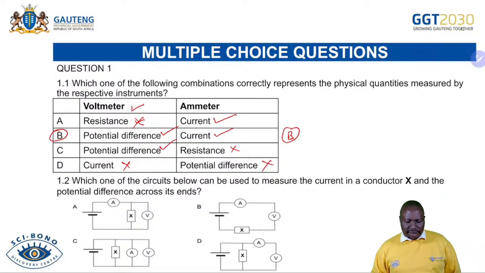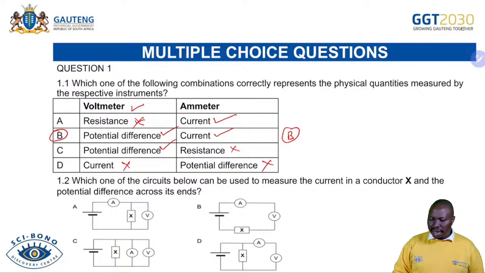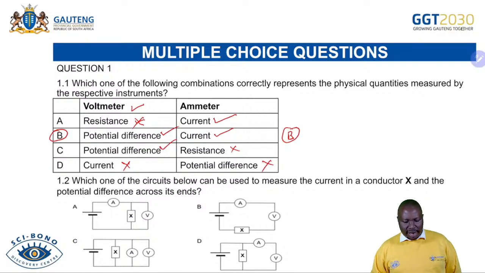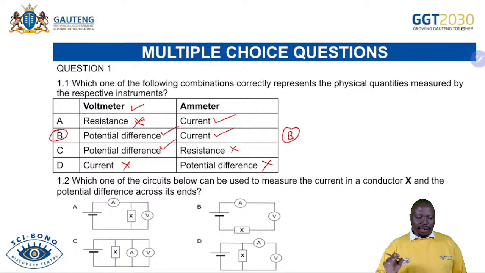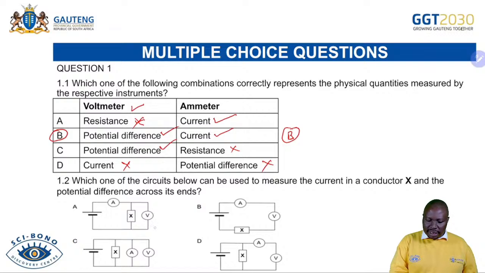Which one of the circuits below can be used to measure the current in a conductor X and the potential difference across its ends? Now here you are dealing with the connection, in this case we are saying that the voltmeter cannot be connected in series.